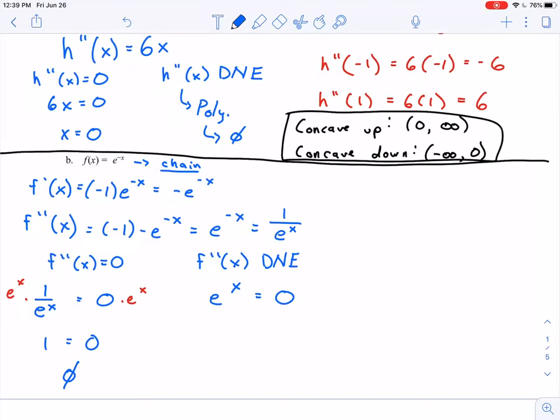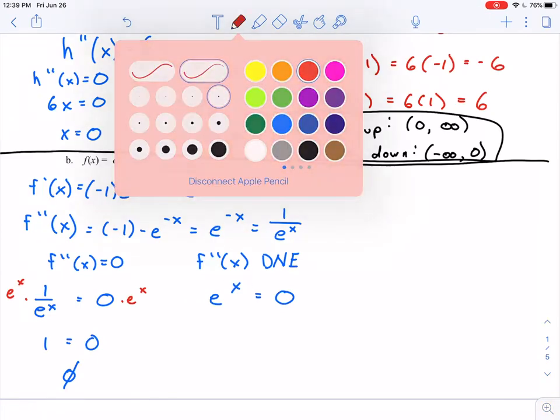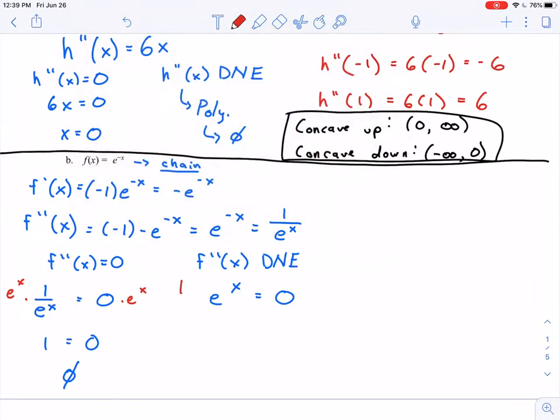And I'm going to think about, well, how would I solve this equation? If I want to undo this, I would have to take the natural log of each side. But there's one problem. If you try to take the natural log of 0, if you type that in your graphing calculator, it will get all mad at you.